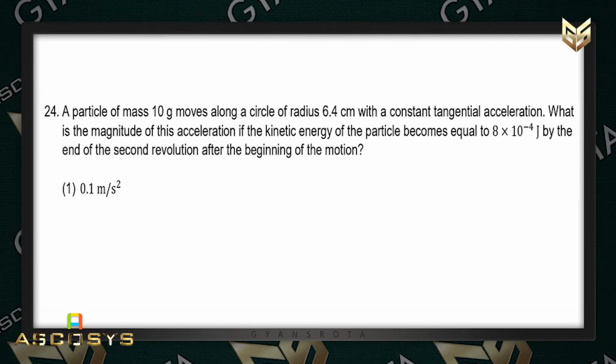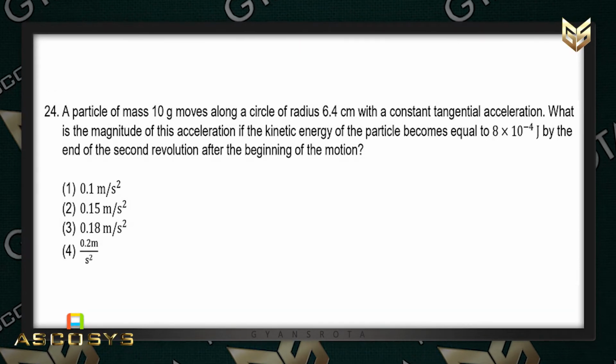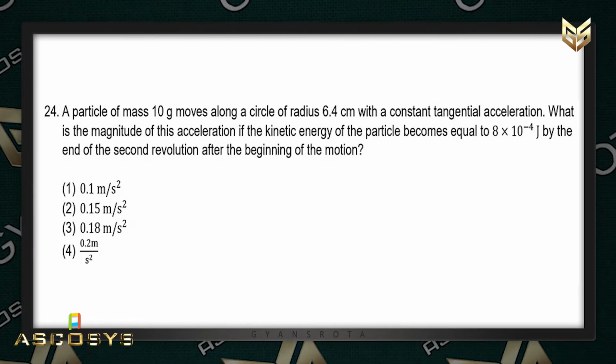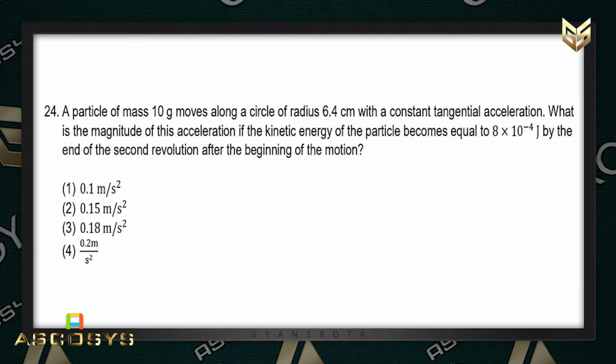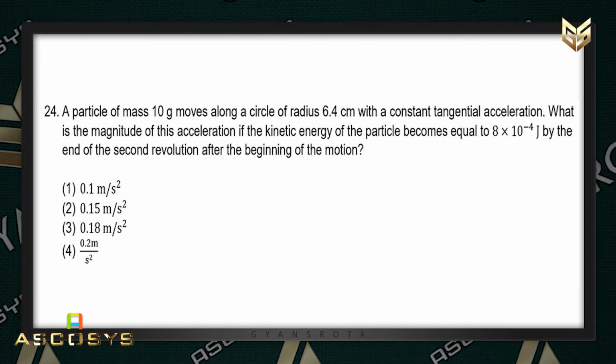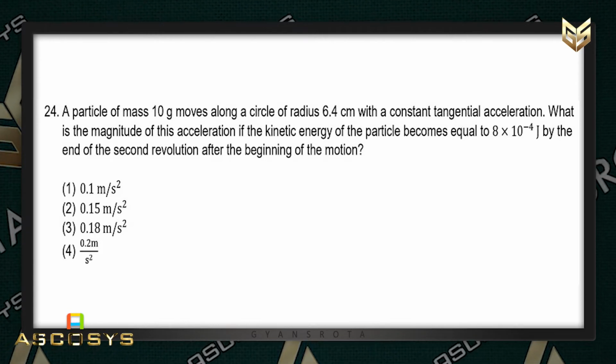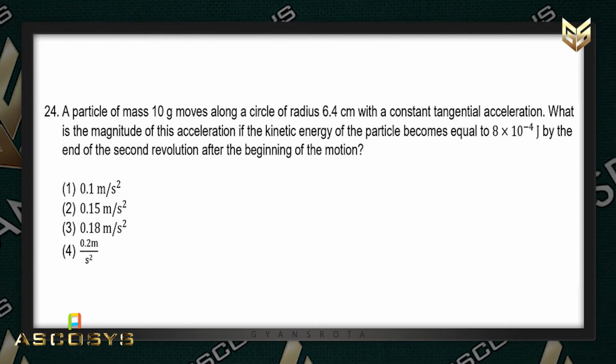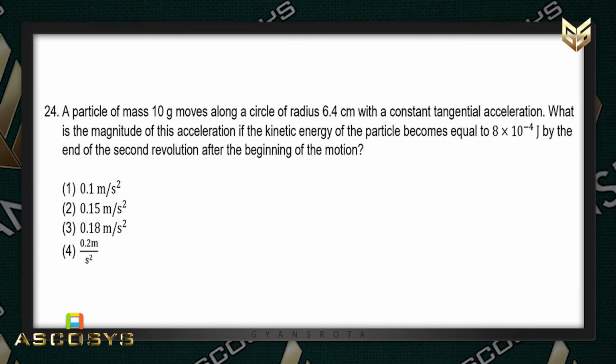A particle of mass 10 g moves along a circle of radius 6.4 centimeter with a constant tangential acceleration. What is the magnitude of the acceleration if the kinetic energy of the particle becomes equal to 8 into 10 to the power minus 4 joule by the end of the second revolution after the beginning of the motion?